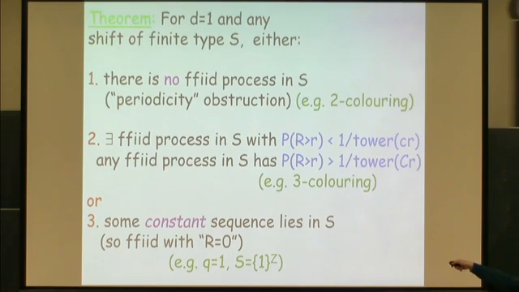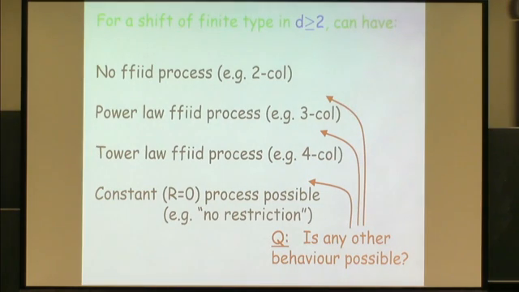So apart from that, for any such S, there exists an FFIAD process with tower function tail, and any FFIAD process has a tower function lower bound. So that's in one dimension. Big open question, what happens in higher dimensions? So take a shift of finite type, in other words a system of local constraints in 2 or more dimensions, Z^d.